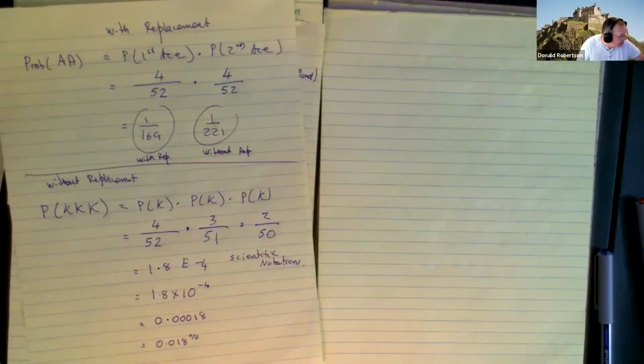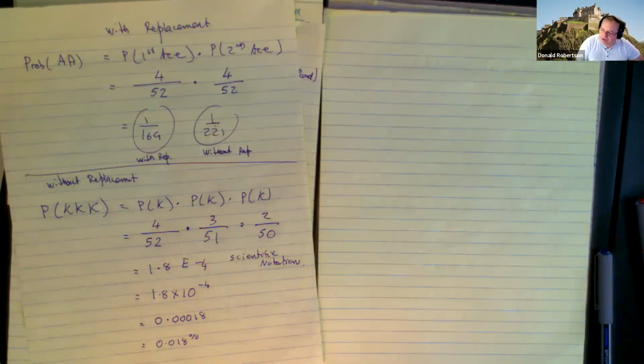Are we comfortable about cards? If I said, what's the probability of getting 2 red cards, or 2 aces, or a king and an ace? Are you comfortable about calculating their probabilities, especially without replacement, which is what you typically would expect? Are we good?